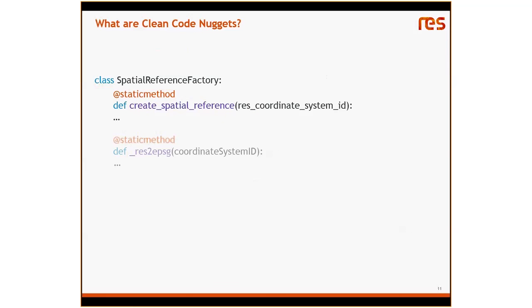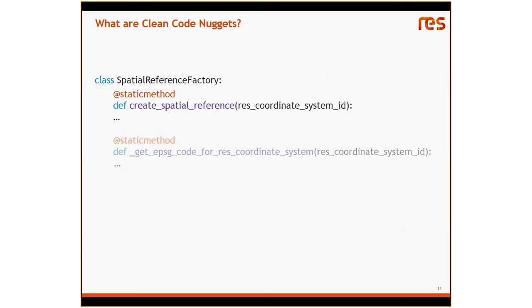Create spatial reference, providing a Res coordinate system ID. From looking at the usage of the second private function, we can give it a better name and provide a better name for the input parameter as we know where it comes from, and after reviewing the details of the code, we can give the function a much more explicit and accurate name.